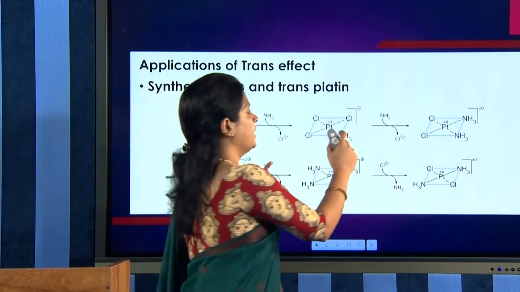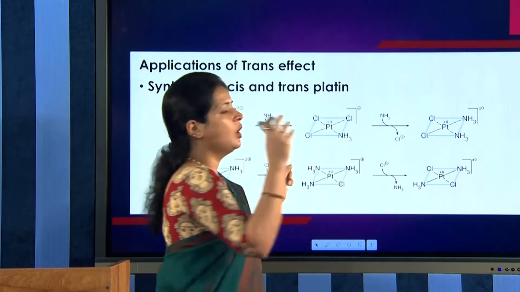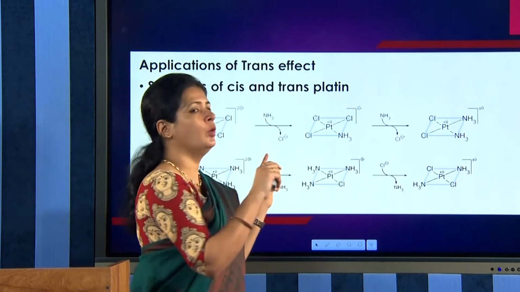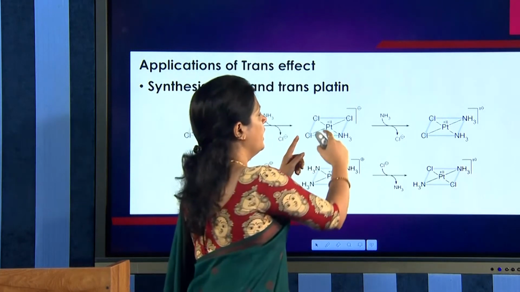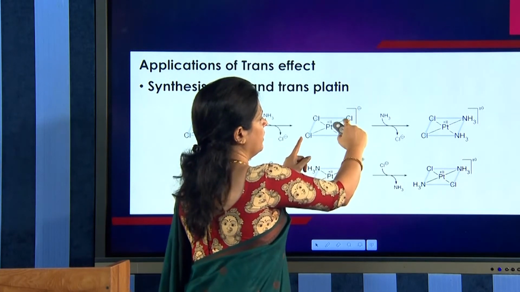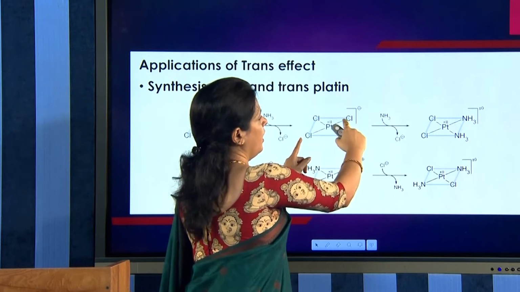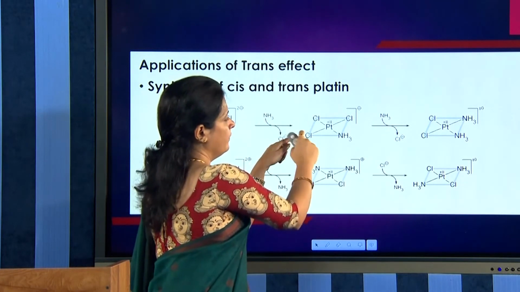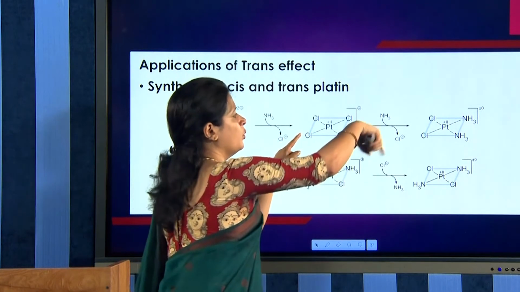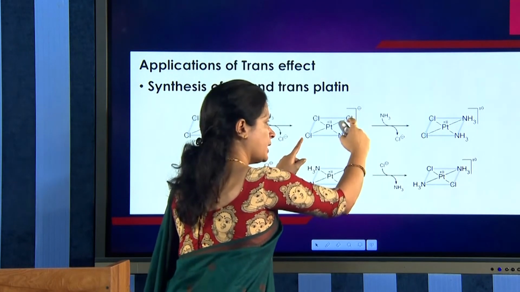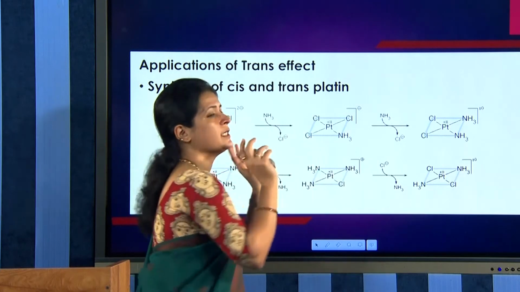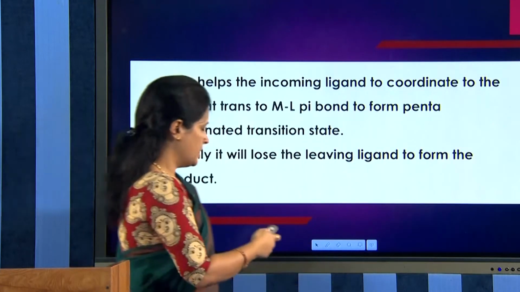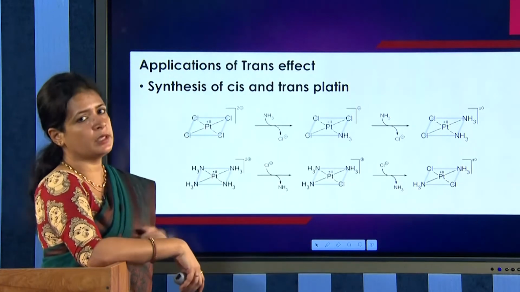So this Cl minus has the ability to direct the incoming ammonia to the trans position. So if this Cl is considered, the coming ammonia will be attached here, or if this Cl is considered, the coming ammonia will be attached here. If it is attached here or if it is attached here, the same product is formed, that is the cis isomer. The cis isomer is the product.